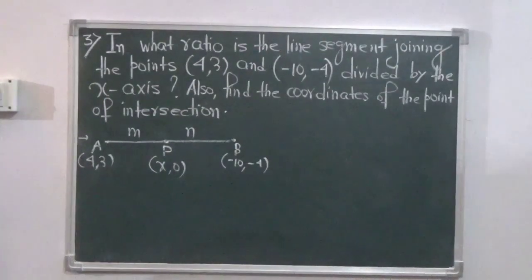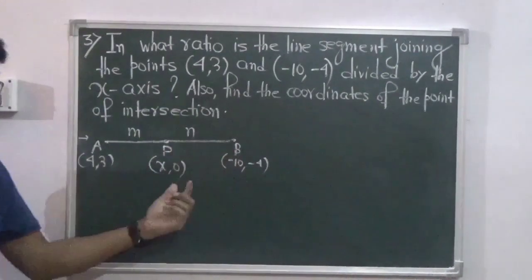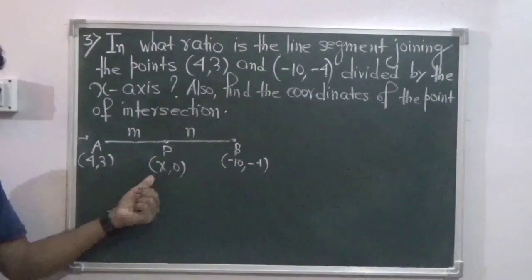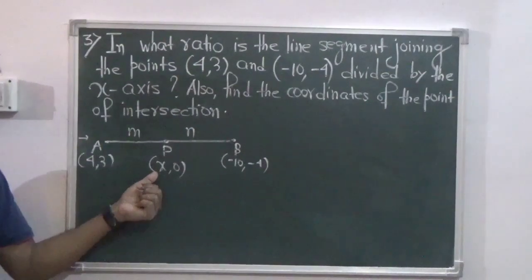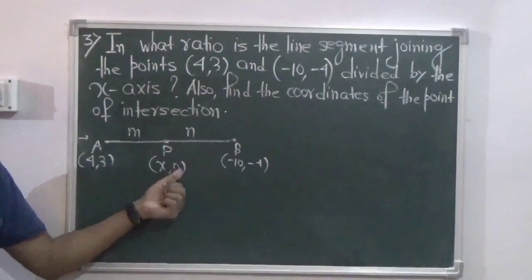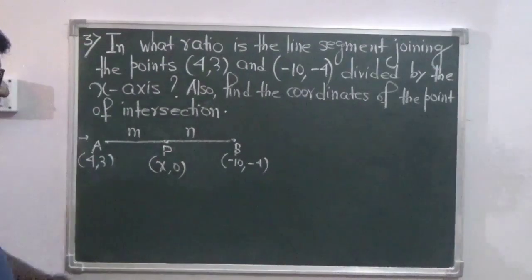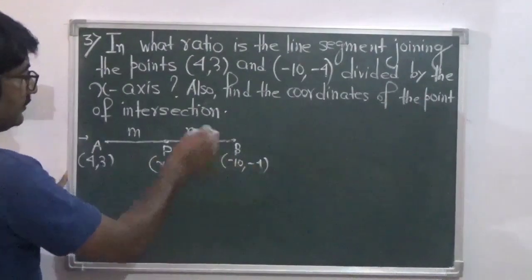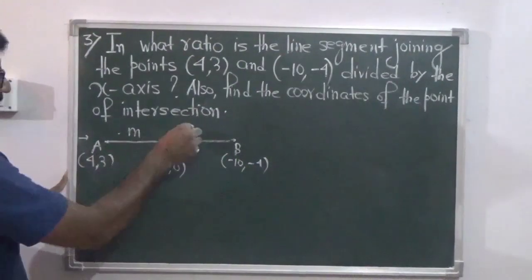Now we will take that particular coordinate whose value is known to us. In the coordinates of P, x is unknown but y is known. So we will use this just as we did in the previous question. So we have m, this is the y value, so my2 plus ny1 by m plus n equals 0.